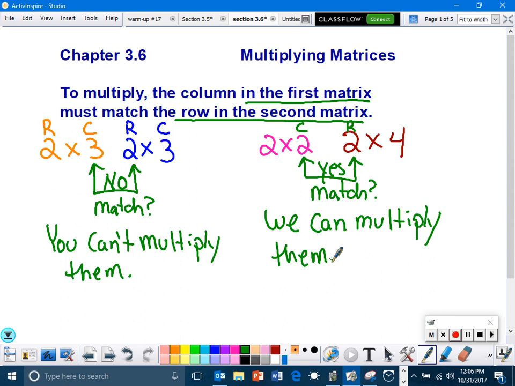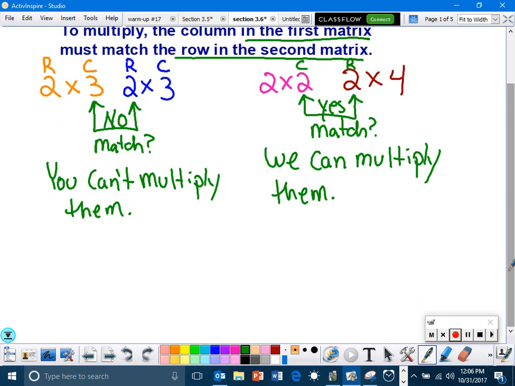Now, if you can multiply them together, the new matrix is going to have possibly a different row and column than what you actually started with.